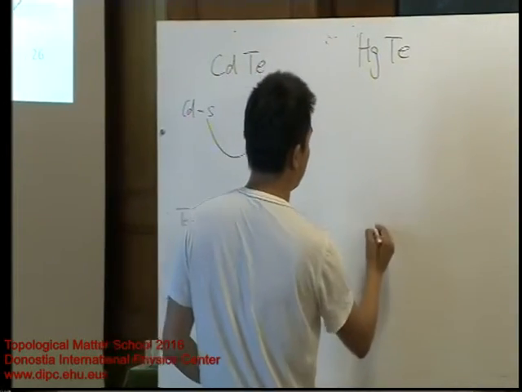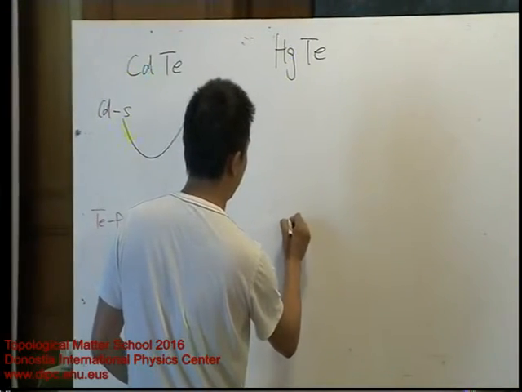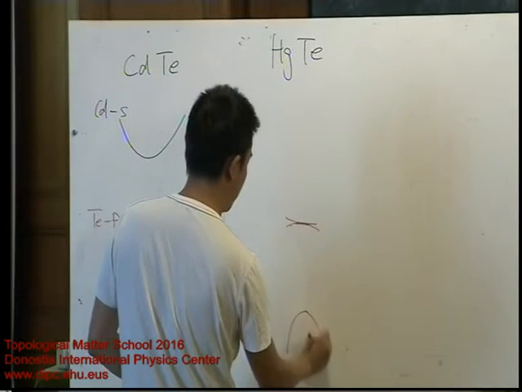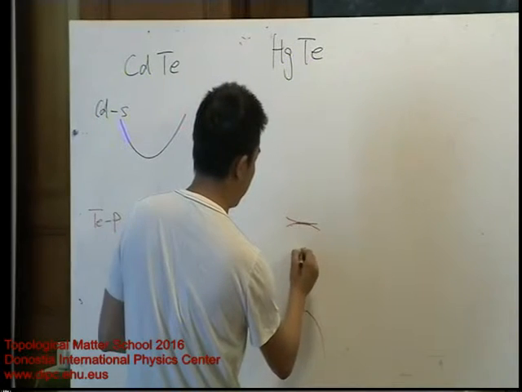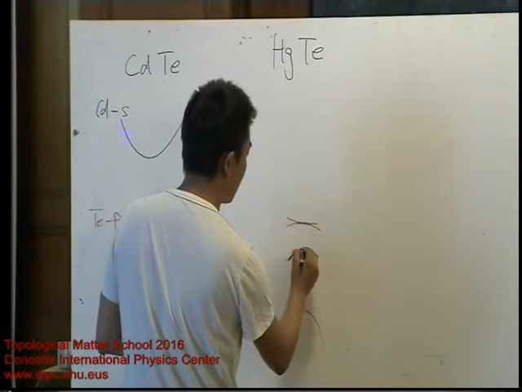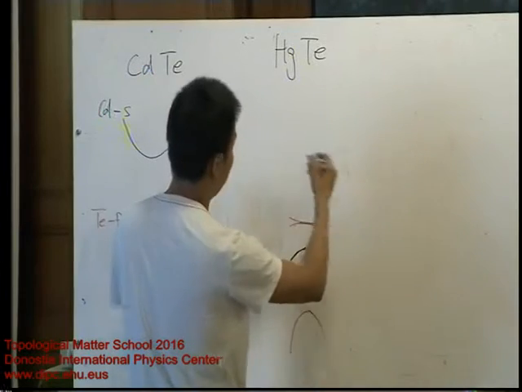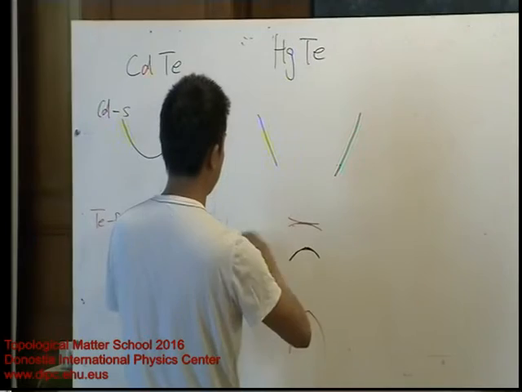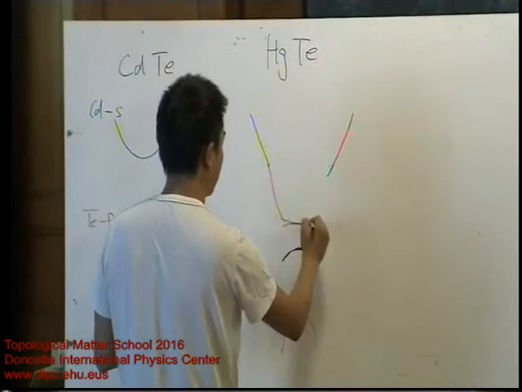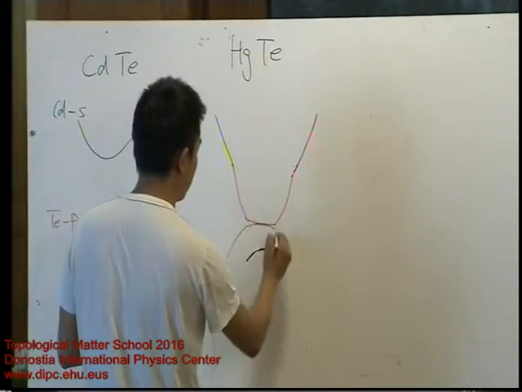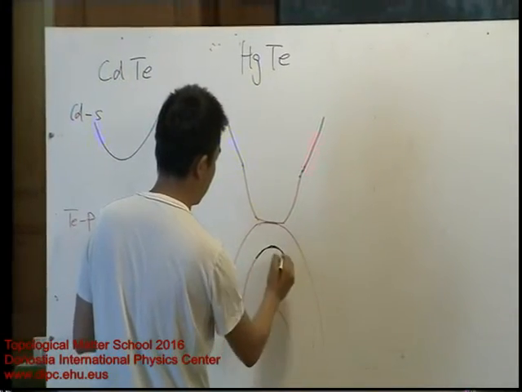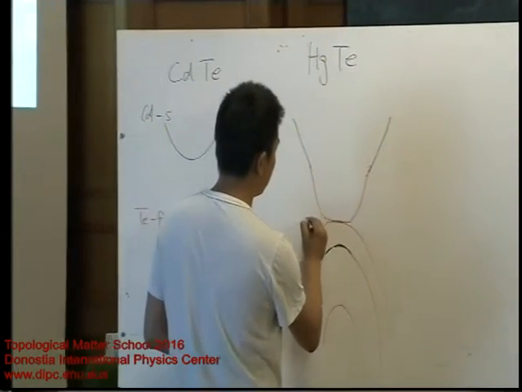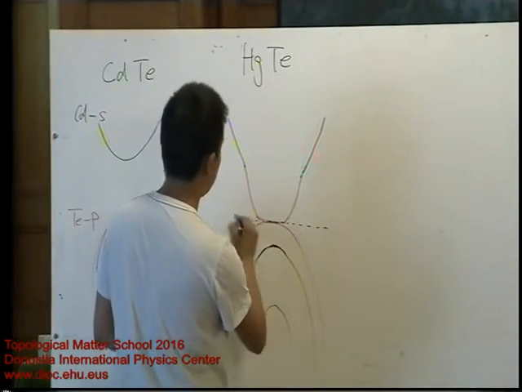At the gamma point, which is what we usually plot, we still have this P band. This P band is still here, just we have some S band here. But going to higher momentum, the S band is still here. And this is the Fermi energy.